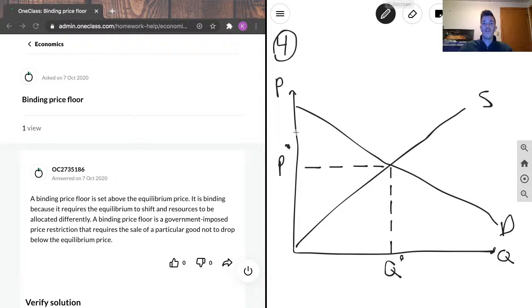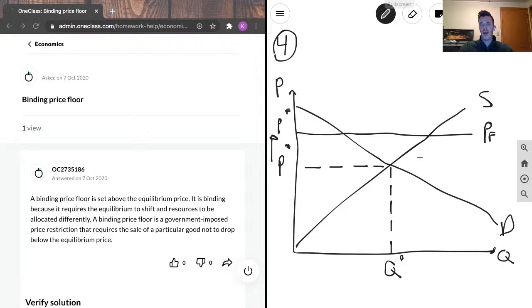So for a price floor to be effective, the government must impose what is called a binding price floor. And a binding price floor is one that is set above the equilibrium. So if this is our regular market and a price floor set above the equilibrium, then the price moves from P star here to PF.